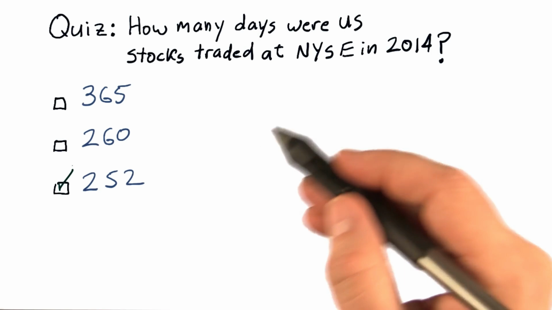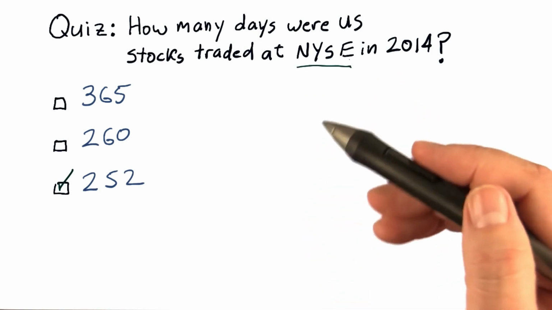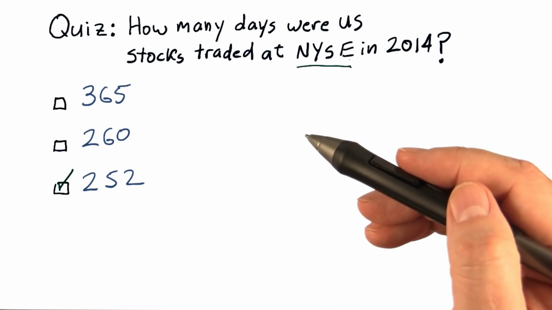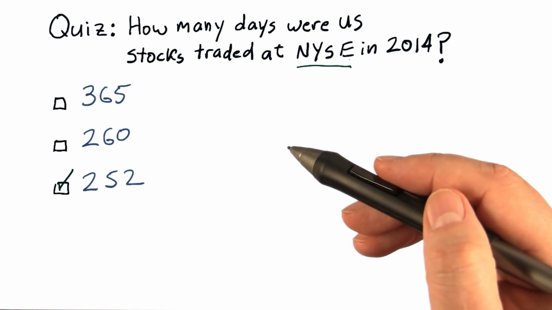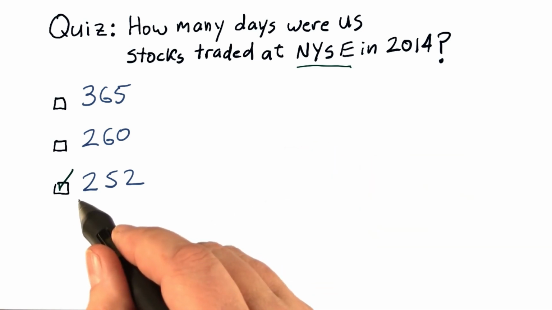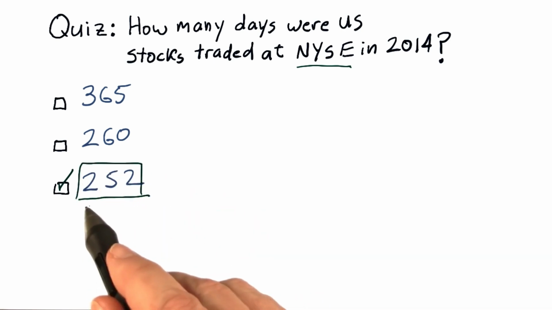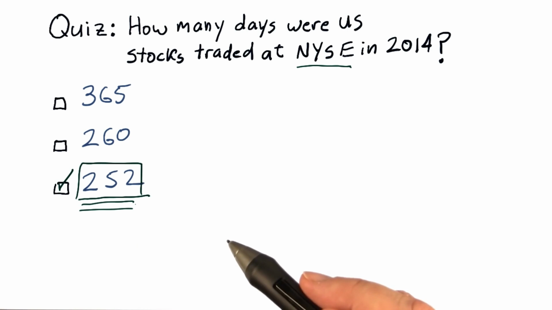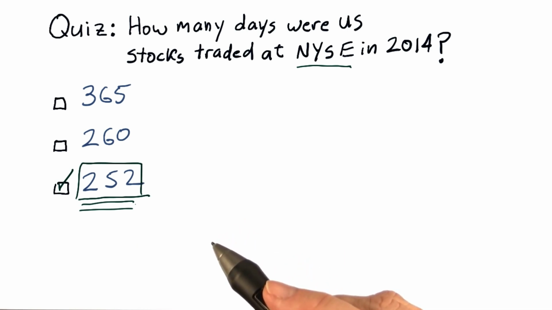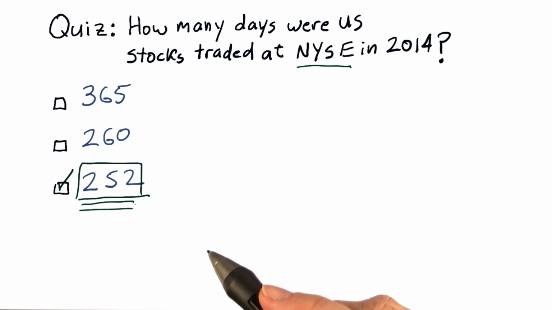And interestingly, the New York Stock Exchange has a set of holidays that occasionally differ from the U.S. government holidays. In almost all cases, almost every year, we've got 252 trading days, and this number is going to come up a lot as we continue to look at days and calculating statistics about stocks.